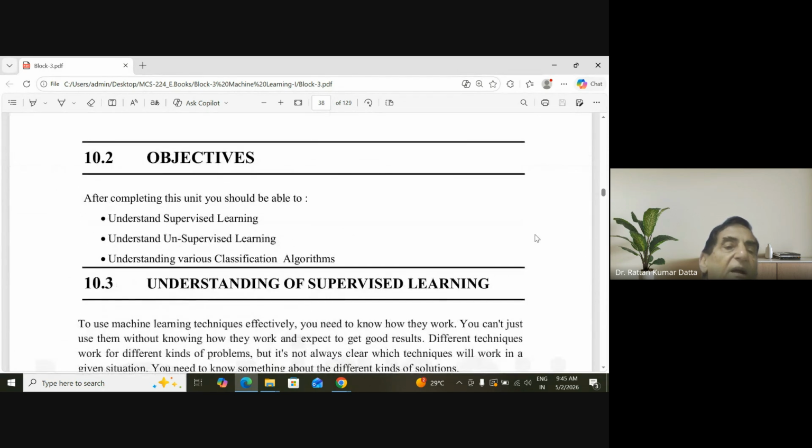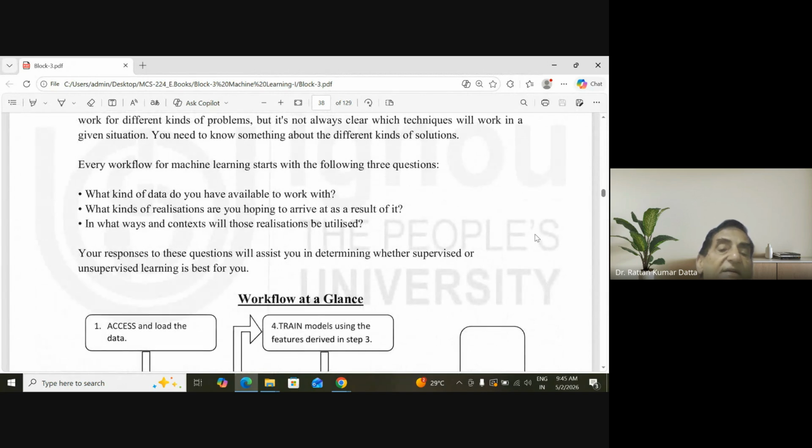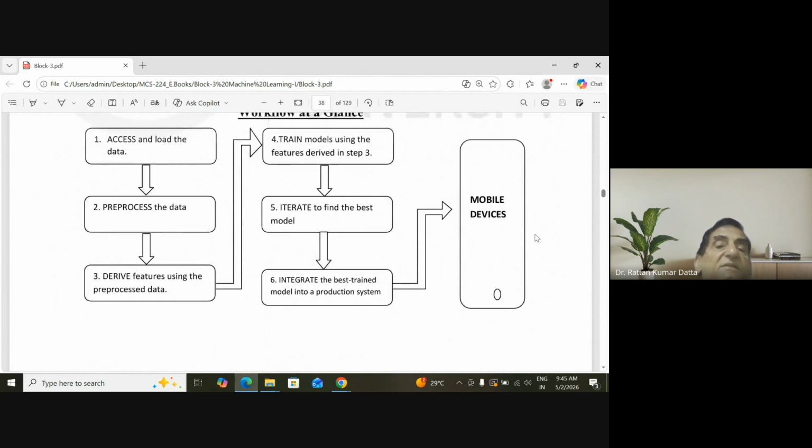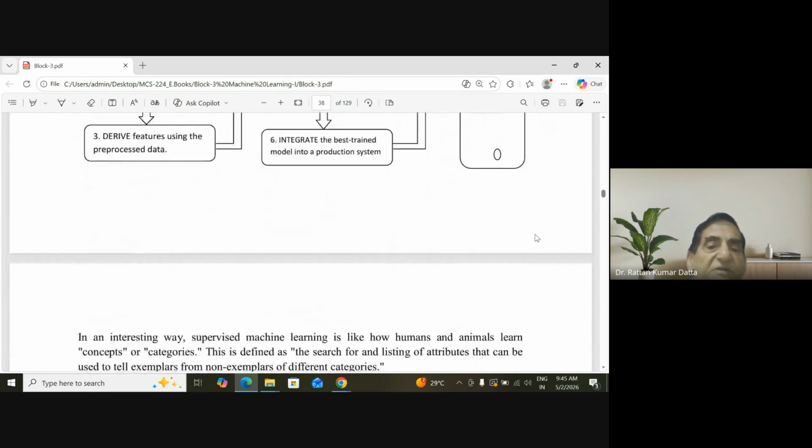Objective: understand supervised learning, understand unsupervised learning, understand various classification algorithms. So supervised learning is again, here this is the supervised learning. Access, load and pre-process data, derive features, train model, iterate, integrate and deploy, as you have seen in the earlier diagram also, previous unit.